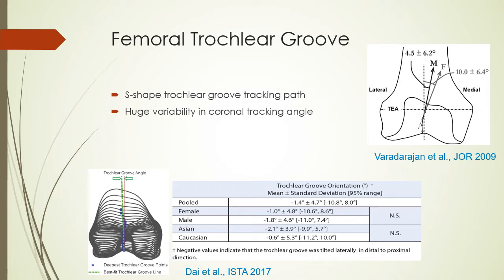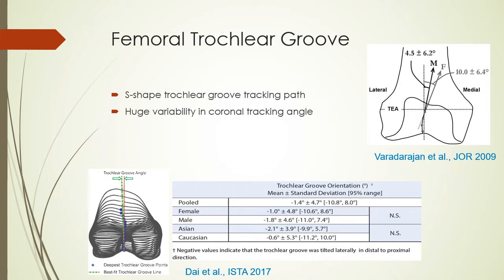But to understand these designs, we first look at what is the native tracking angle in the distal femur. And from a couple of papers, we've found the average tracking angle is about 1 degree, or basically neutral, but with a very wide standard deviation. That means you have about plus minus 10 degrees of possible tracking angle.